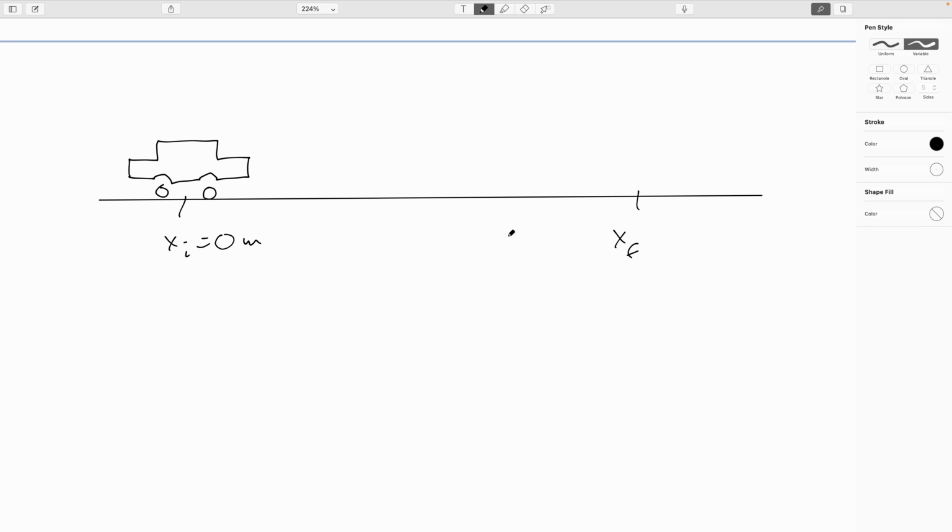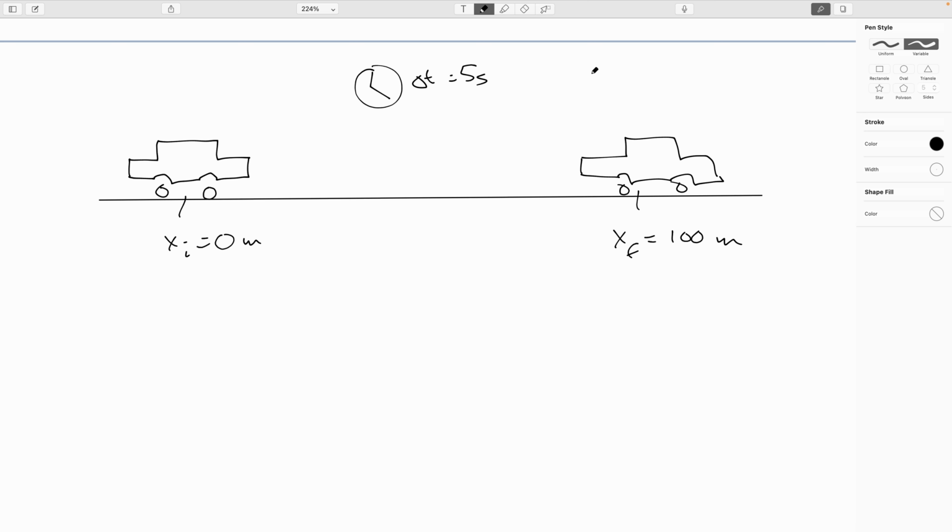So I just arbitrarily decided to make x initial equal to 0. I'm allowed to do that. So we say the car traveled 100 meters. So there's my car 100 meters down the road. And we'll say that it traveled that 100 meters in 5 seconds. So I drew a little clock just to tell me that 5 seconds elapsed.